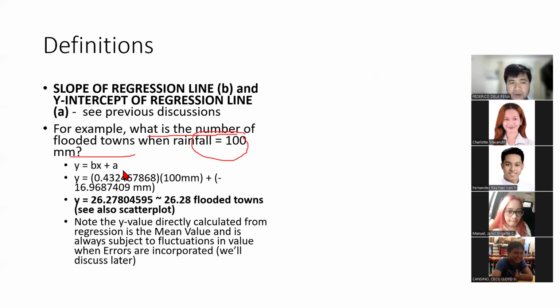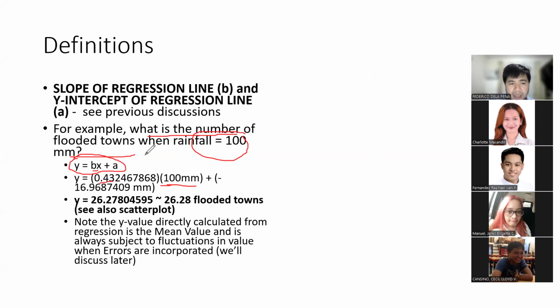The first step you have to do is formulate the regression equation. So again, this is simply y is equal to bx plus a. b is the slope, so it's 0.43 from the regression stats. x is 100 millimeters. That is our independent variable.